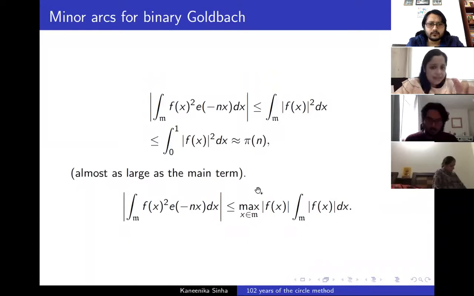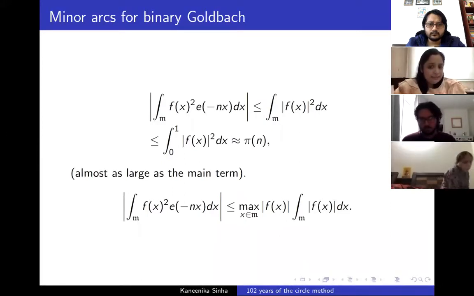So now we play another trick. We take the absolute value of f squared of x. Again, we bring the absolute value inside, but now we break this integral into two parts. We take one power of the absolute value outside and take the maximum value over all the minor arcs.